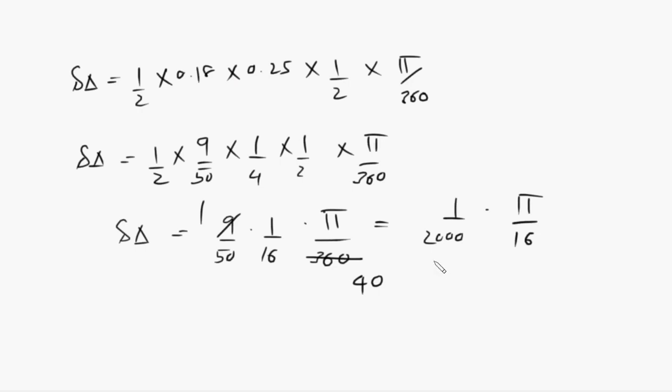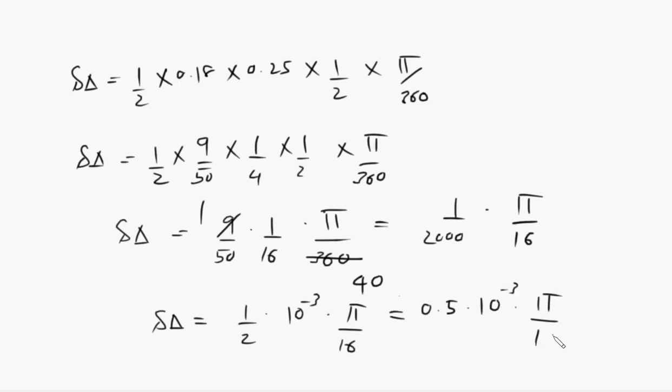So what is this now? 1/2000 is just 2 times 1000. So it's just 1/2 times 10 power negative 3 times pi over 16. So this is just 0.5 times 10 power negative 3 times pi over 16.